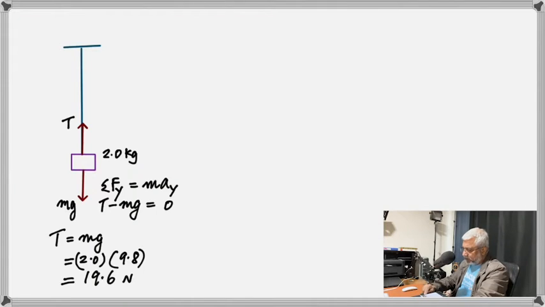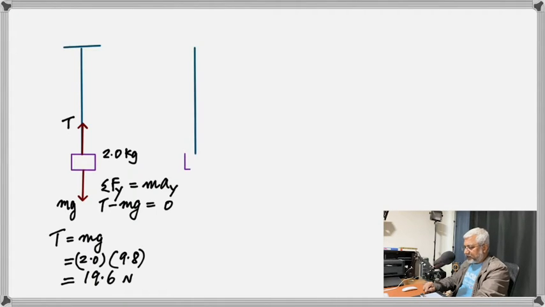Remember that in this case, the string is just there. Nothing is happening. But in the second case, let's assume that somebody has this string in their hands and they're moving it up, giving it a certain acceleration. Now, logic should tell you that the tension in the string must increase because you're moving it against gravity. So let's find that case.